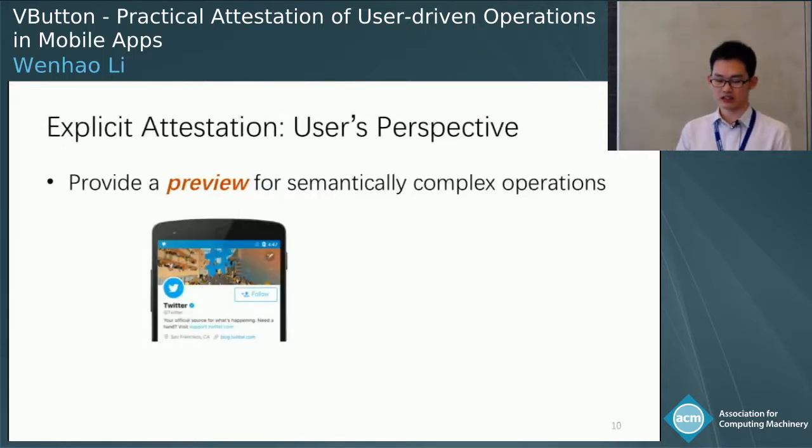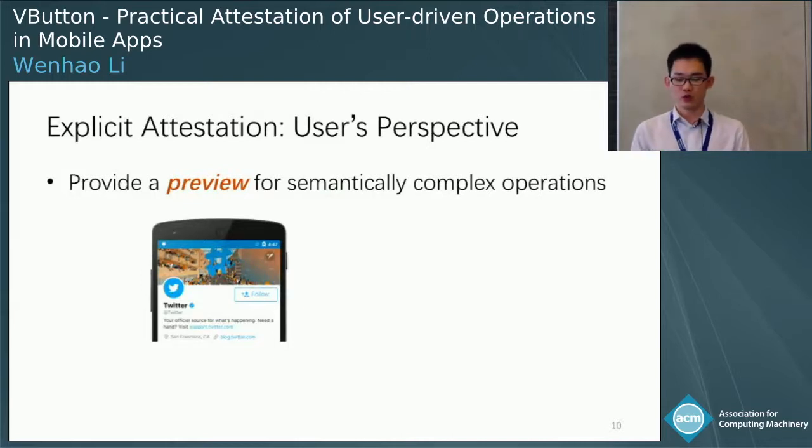So let's take a look at the explicit attestation. It is very useful when there are scenarios when the semantic of an operation could not be expressed in a single UI element. Take a Twitter follow as an example here.